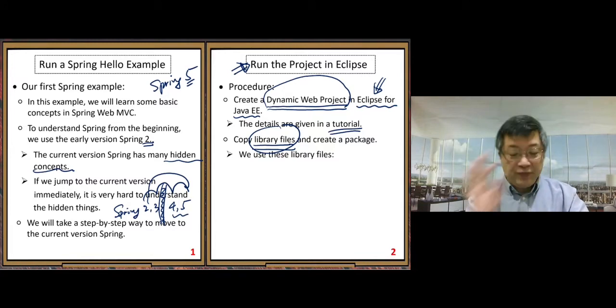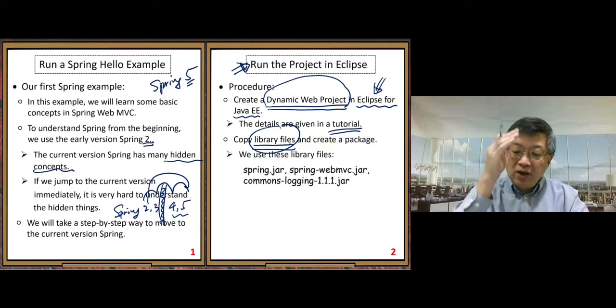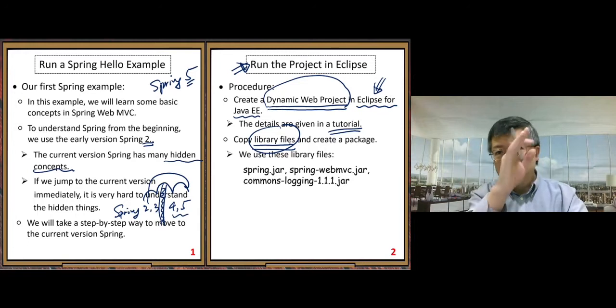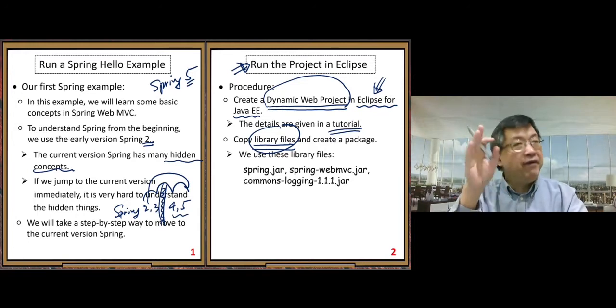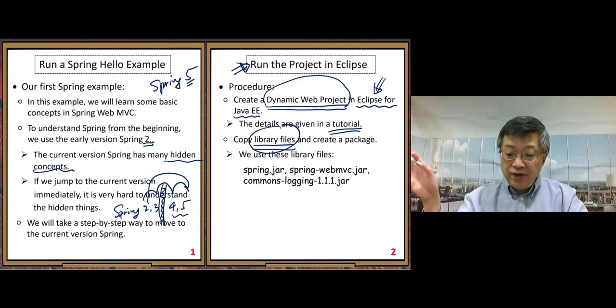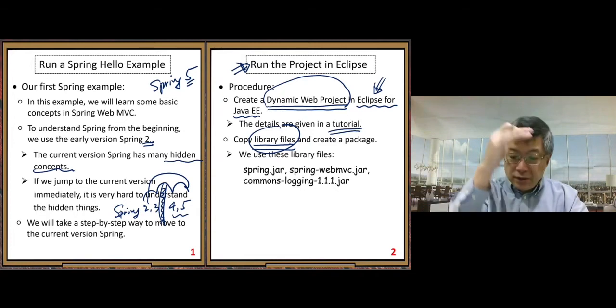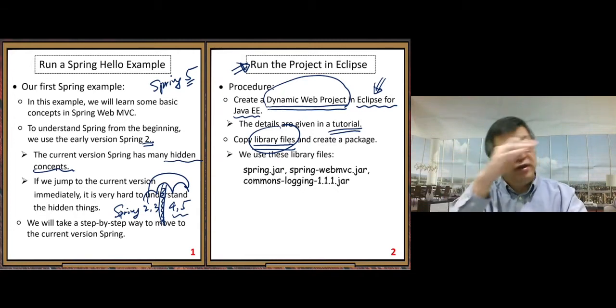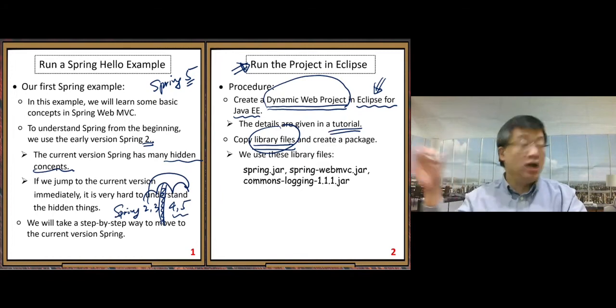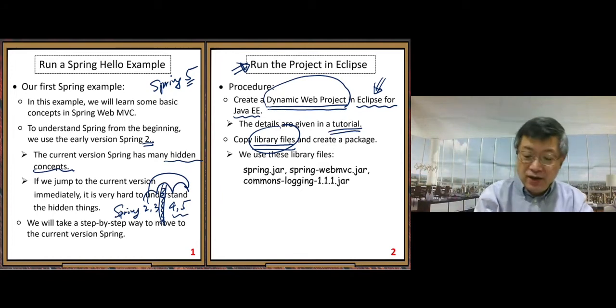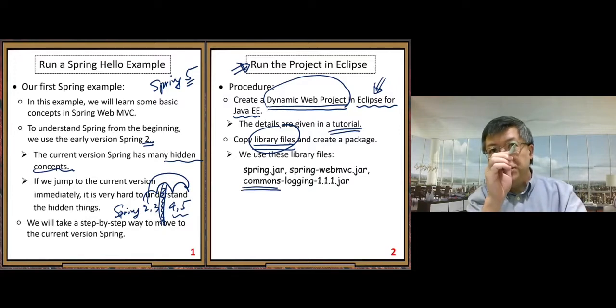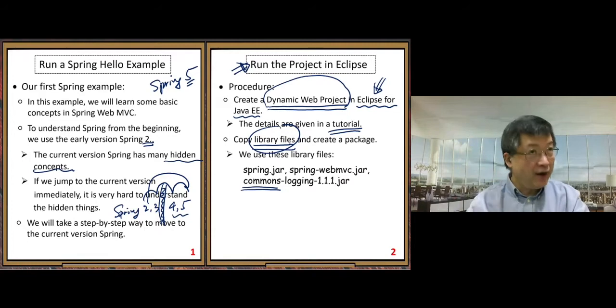Only three. The first one, spring.jar. Second one, spring-webmvc.jar. Third, commons-logging with the version number .jar. Remember, in module 1, we used the Apache Commons PropertyUtils class there, right?